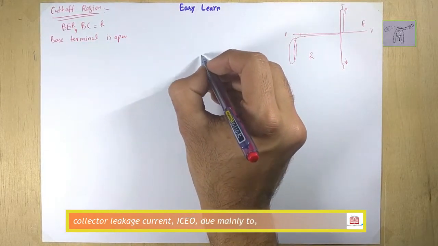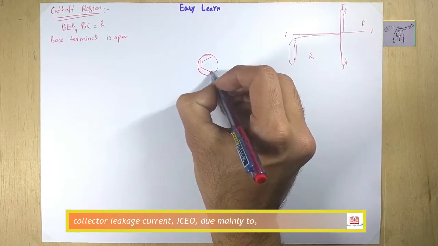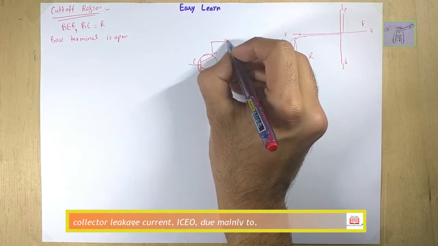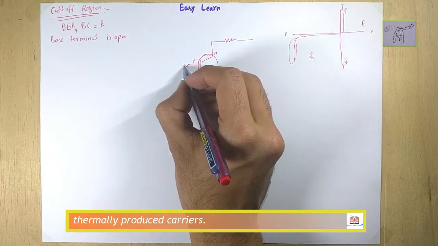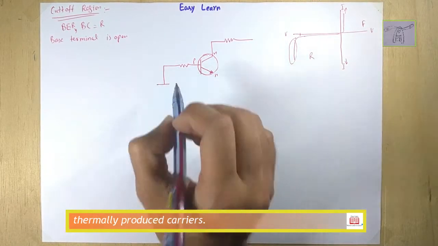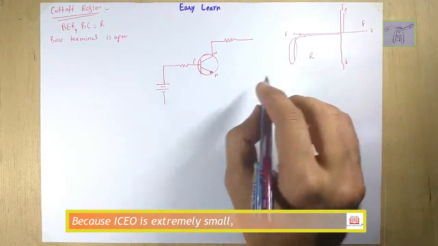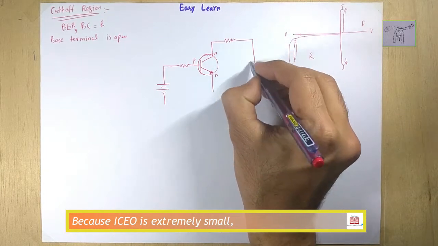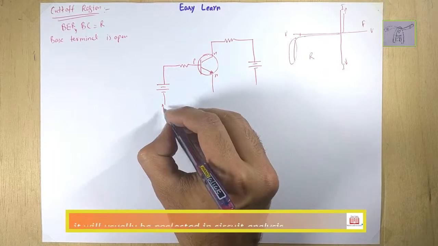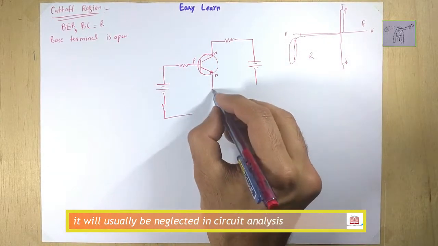For example, this is a simple NPN transistor, and this is a limiting resistance, and this is also a limiting resistance. When we do not connect anything here, here is a switch, and let's say it is an open switch, so there is no connection on the base terminal.